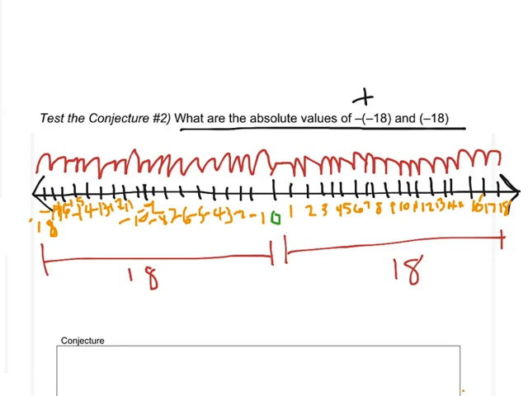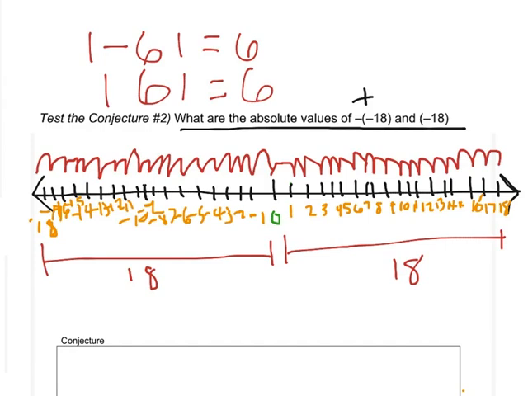We saw the same case for negative 6 and positive 6. They were opposites and they had the same absolute value, which was 6. So that leads me to believe that there's a relationship between opposite numbers and the absolute value.